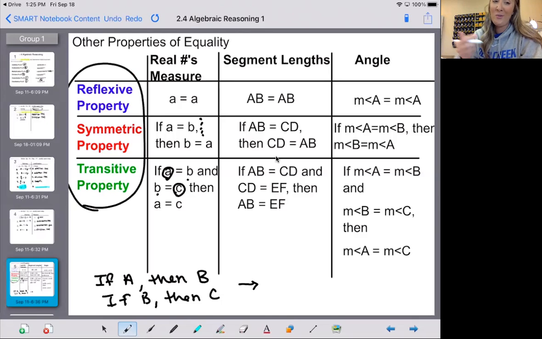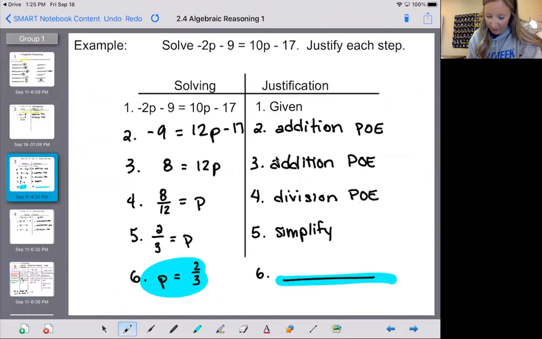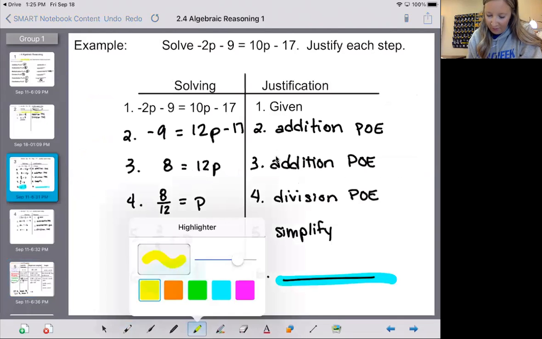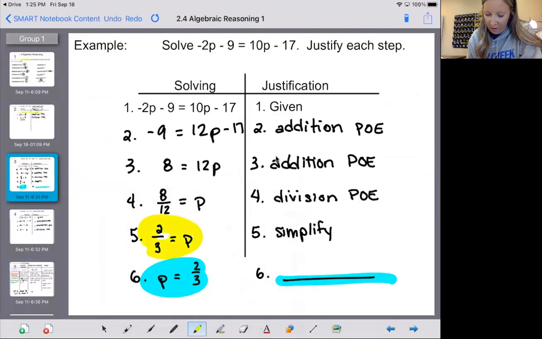Which brings me back to what we were kind of talking about in a previous problem, right? We had a line here, line 5, where we had our number on the left and our equal sign, and then our P, our variable, on the right. But we know in math that we really like to have things with the variable first. And so we basically flipped that around so that it would be the variable first.